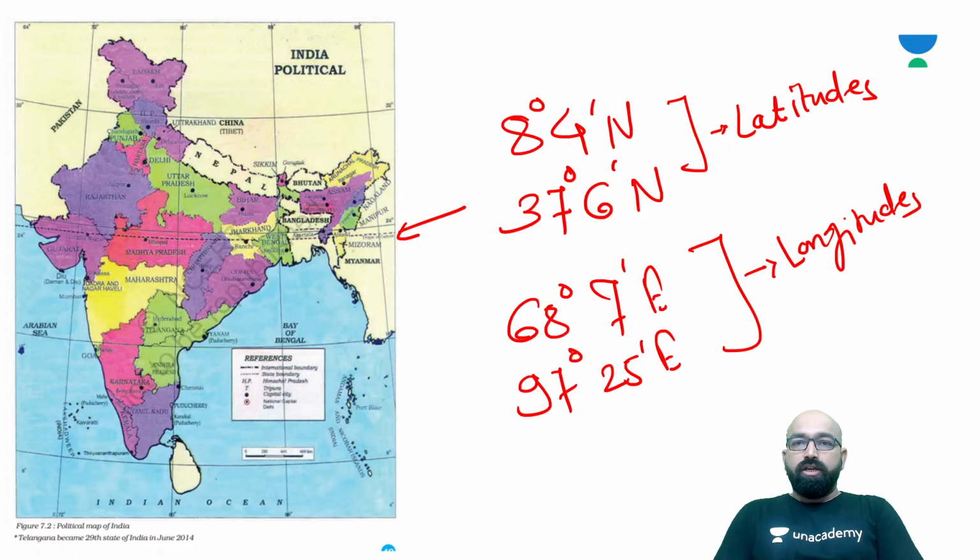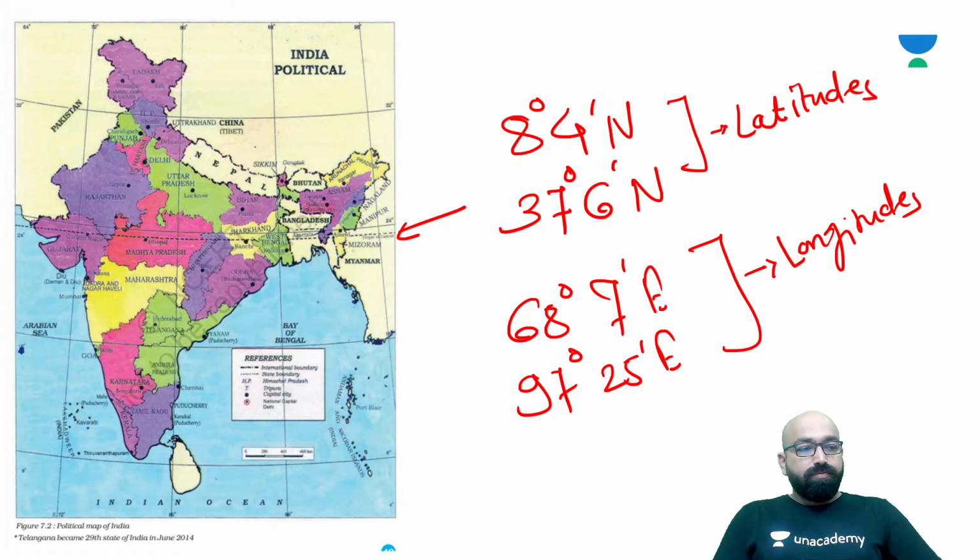Now, friends, if we divide the world into eastern and western hemispheres, India is considered to be in the eastern hemisphere. Due to the great longitudinal extent of about 29 degrees, there could be wide differences in the local time of places located at the two extreme points of India.